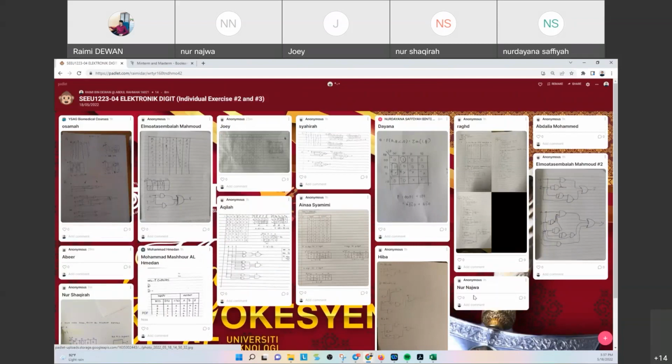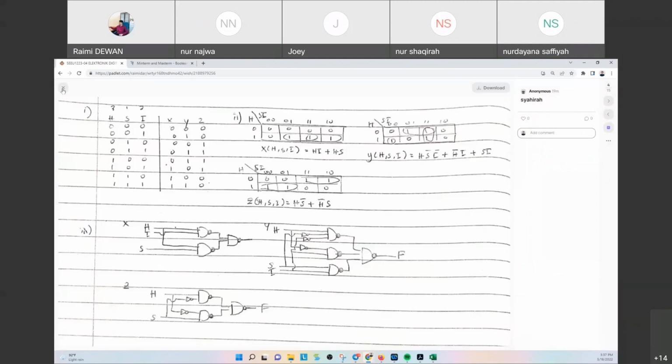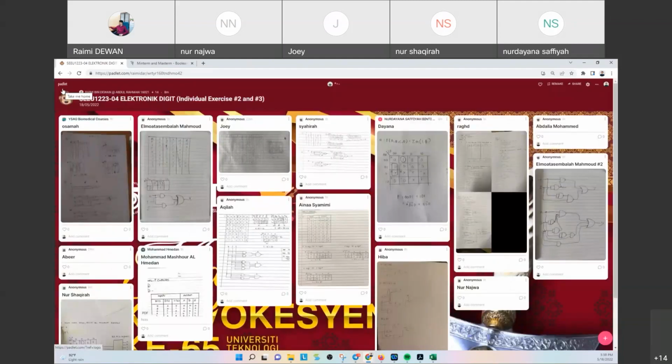Najwa, mana Najwa? Depan ni. Syahira. Okay, please press now. I need to check because this is the only time I am able to check whether you do it correctly or not. Because after this, no one will check whether you are correct or not. You only get the cut marks or full mark.